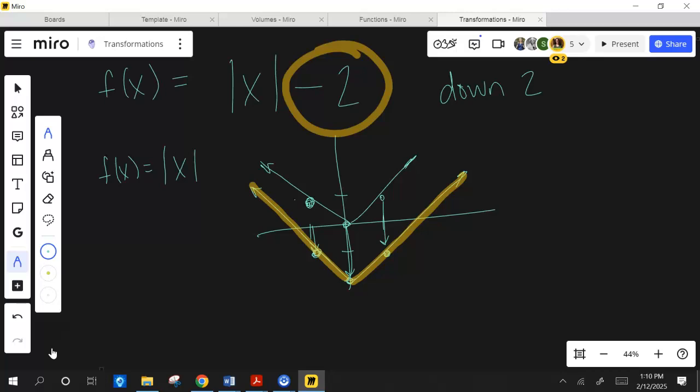My parent function has been transformed by a vertical translation down 2. I want you to understand all those words that I'm using. My parent function has been transformed by a translation down 2.